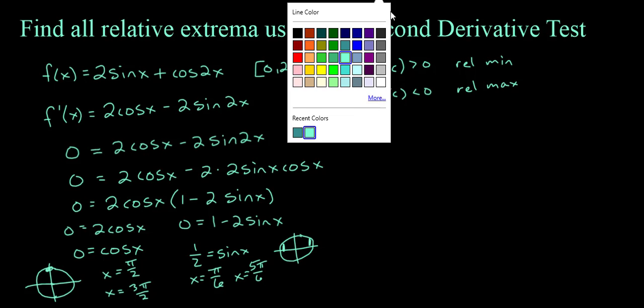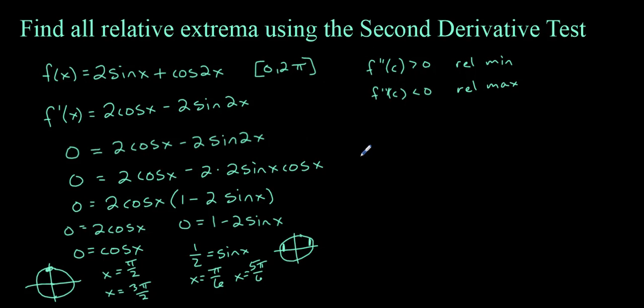Okay, now we need to find the second derivative. Take our first derivative, it would be negative 2 sine x minus 4 cosine 2x. Now we need to evaluate the second derivative at these 4 values to see if it's a relative max or min. So f double prime of pi over 2, and without a calculator, let's see what we can do.